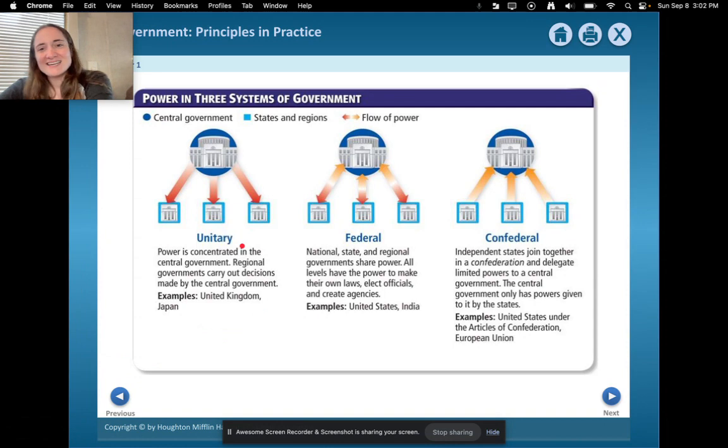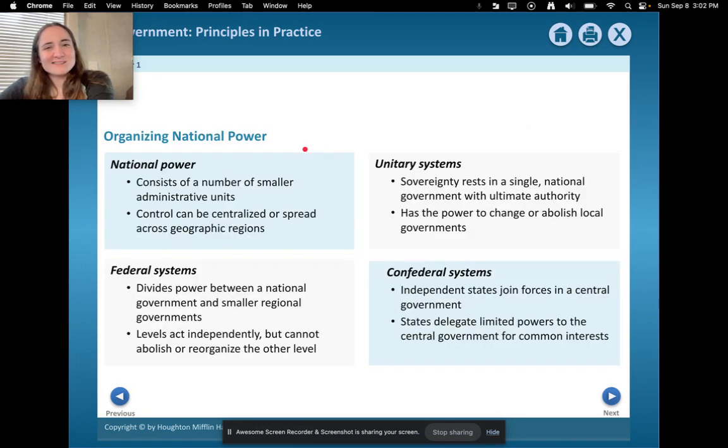All right, and then we can talk a little bit about the three systems of government. This isn't the most exciting thing to talk about, but we'll talk about it real quick. When it comes to organizing national power, national power consists of a number of smaller administrative units, and control can be centralized or spread across geographical regions. In a unitary system, sovereignty rests in a single national government with unlimited authority and the power to change or abolish local governments.